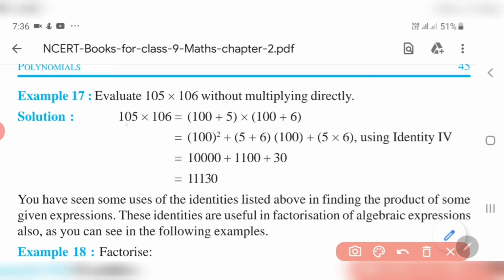Now 105 and 106 can be written as (100 plus 5) into (100 plus 6). So what we have done here, we have expanded, correct? We can write 105 in this form, 100 plus 5, and 106 can be written as 100 plus 6, correct?